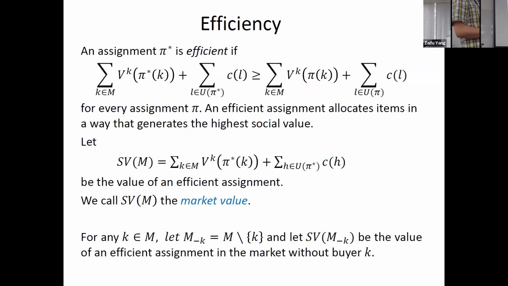Then we use SV to denote the market value of this market, which does not have bidder k anymore. So SV(M) is the market value with all bidders, and SV(M minus k) is the market value without bidder k.